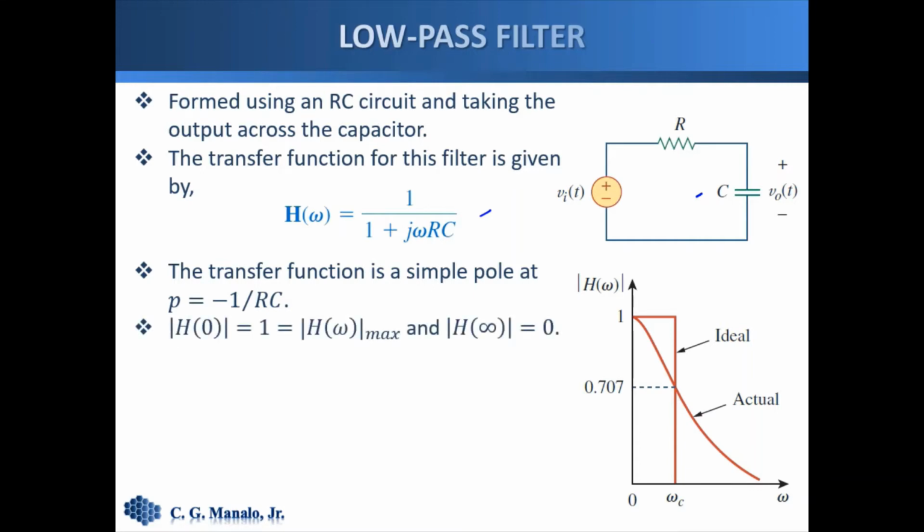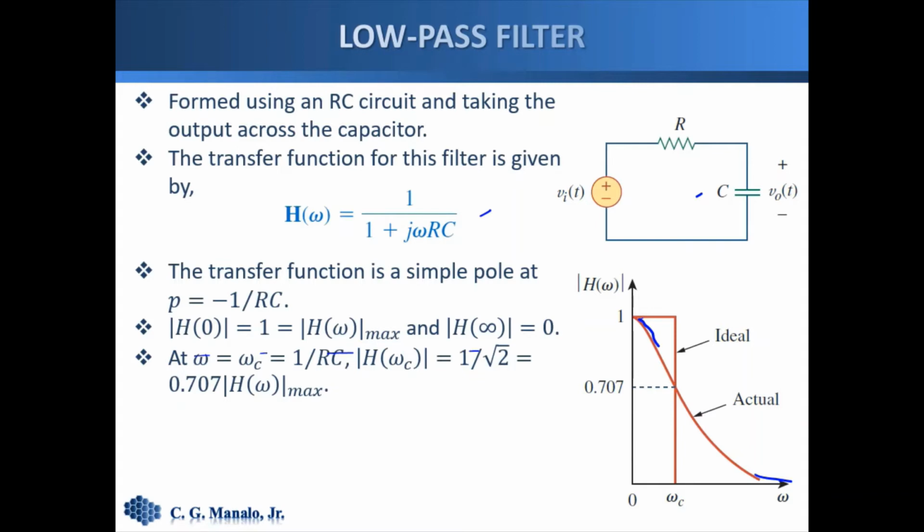The magnitude for low frequency goes to unity, and this is also the maximum magnitude of the transfer function. The transfer function also tends to become 0 at high frequency. So for very high frequency, the graph tends to go to 0, while at low frequency, it goes up to unity.